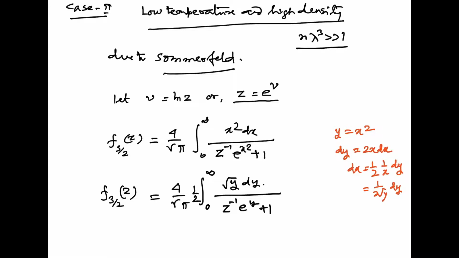But z is e to the power nu, so we can again write this as 2 by root pi integral root y dy divided by e to the power y minus nu plus 1, integrated from 0 to infinity.